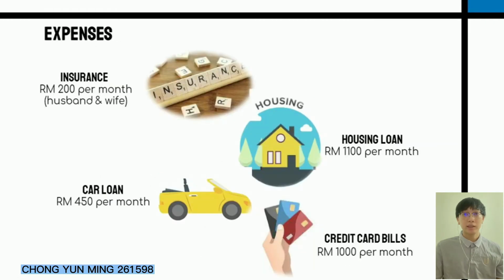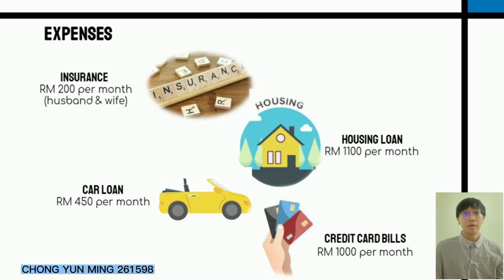And the expenses for Mr. Chow every month is, he will need to pay the insurance for himself and his wife, which will cost him around 200 ringgit per month, and he also needs to repay the housing loan and car loan every month, that will cost him around 1,550.